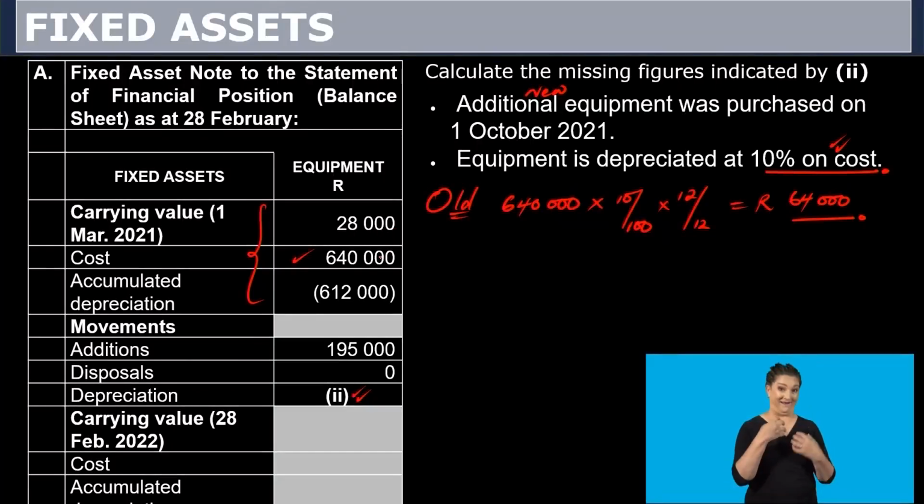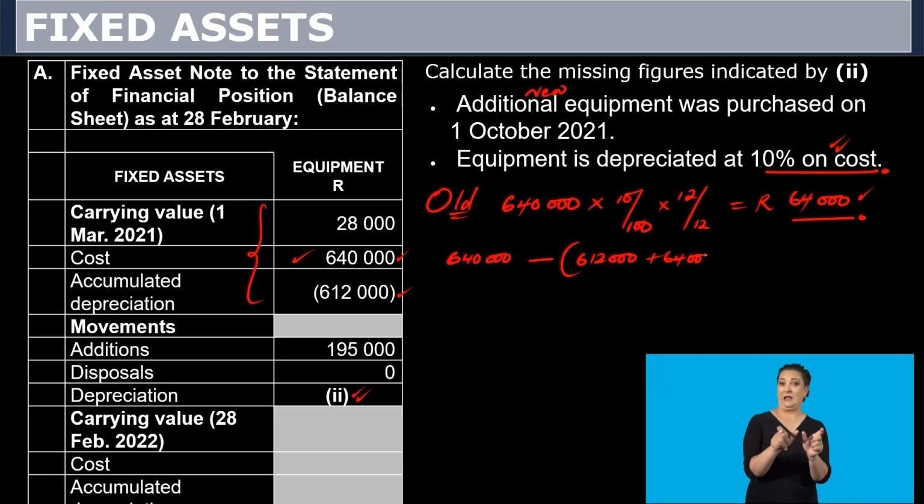This particular asset has a cost of 640 and its accumulated depreciation is already 612,000. So, if I were to take the 640,000 and then say minus accumulated depreciation, which is 612,000, then I add the new depreciation for this year plus the 64,000.